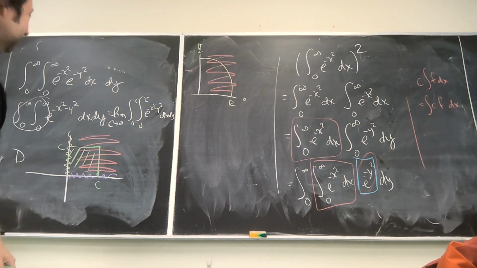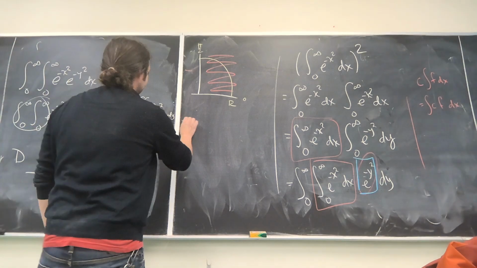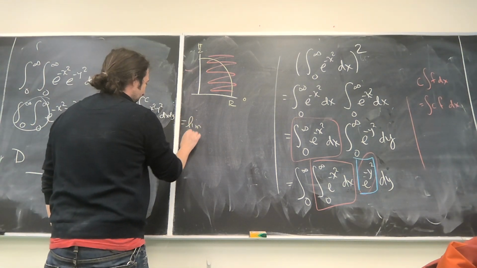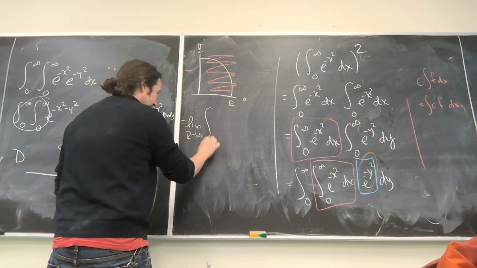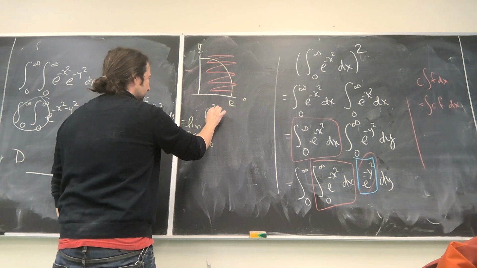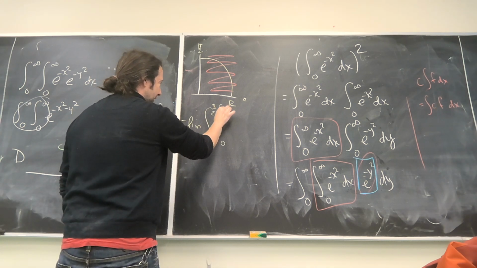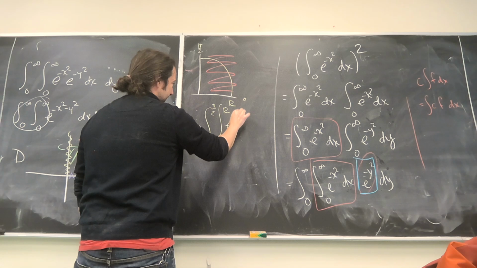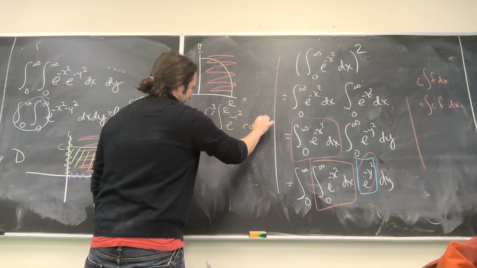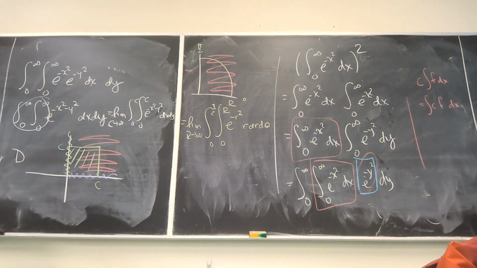And that's the trick. This integral here is the limit as r goes to infinity of the integral from 0 to pi over 2 of the integral from 0 to r of e to the minus r squared r dr d theta. All right, we're deep in it now.